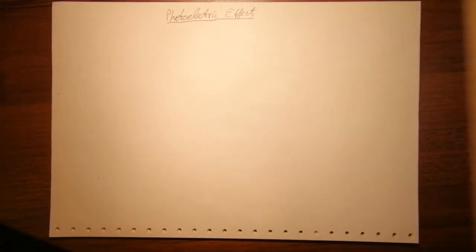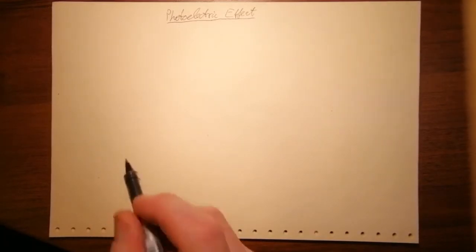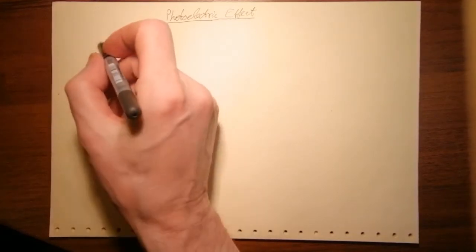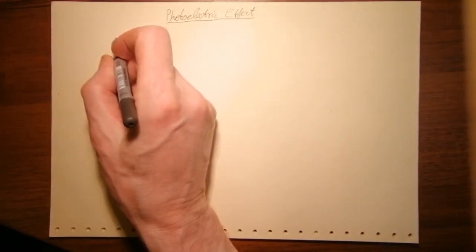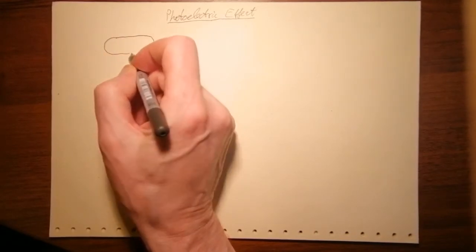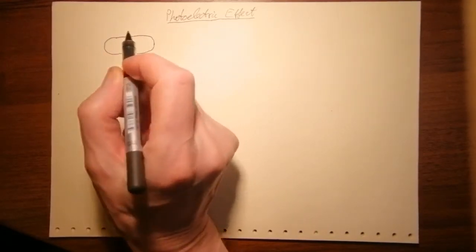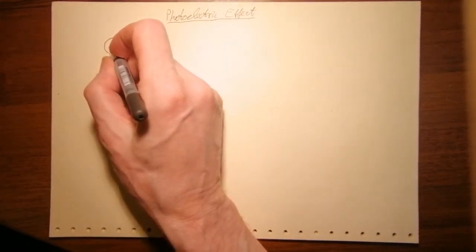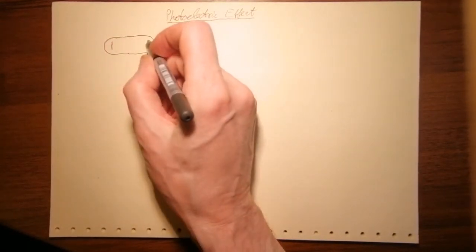To observe the photoelectric effect, we can use such a simple facility as a glass bulb which is evacuated. So there is vacuum, here is one electrode, here is another electrode.